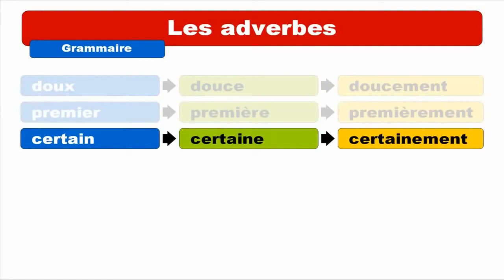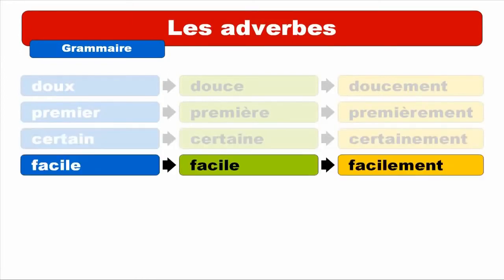We get the sound A-I-N, it's un. Certain, repeat. Feminine form it's certaine, repeat. And then the adverb is certainement, repeat, certainement.